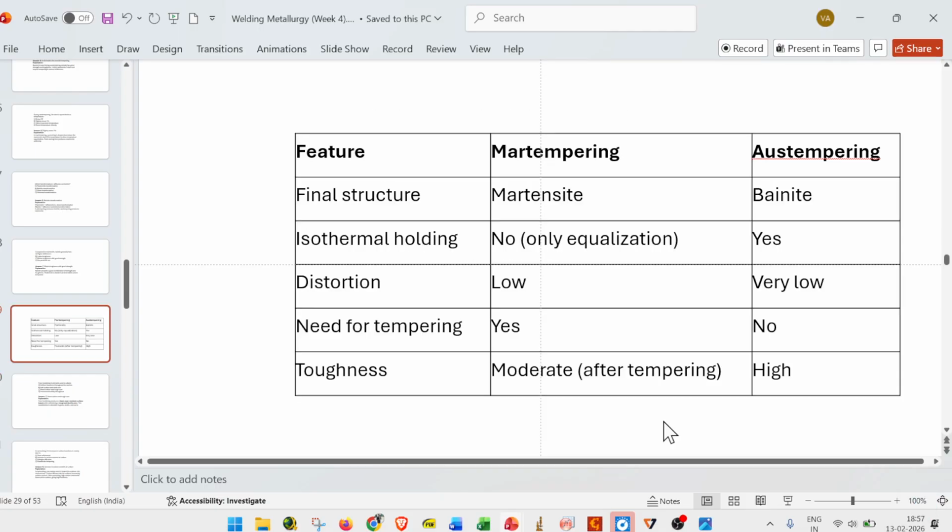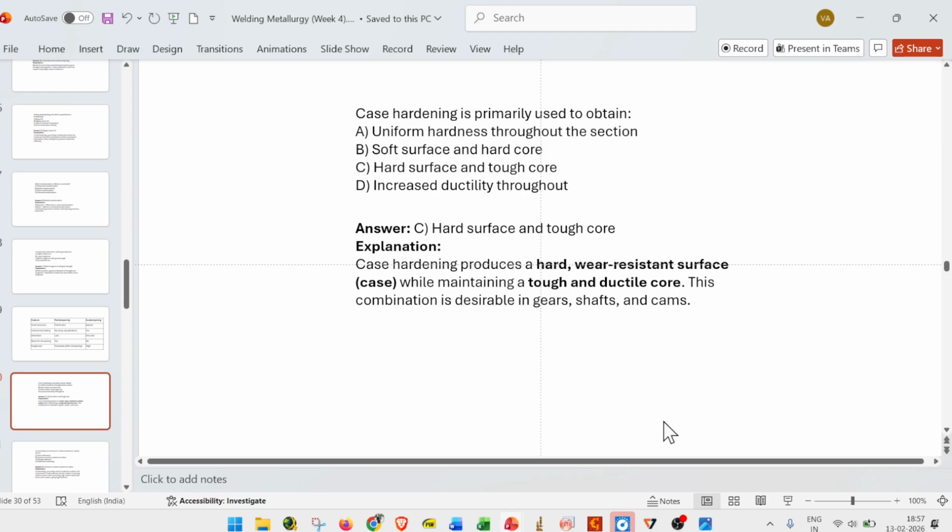Okay. Next we will go to case hardening. Case hardening means we are increasing the hardness of the surface of a material.